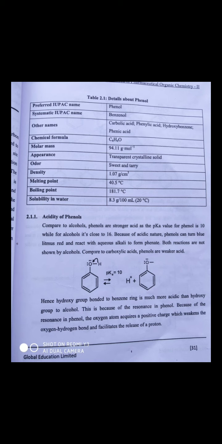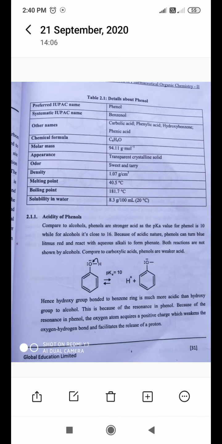Okay, now we will discuss the general properties of phenol. What is the preferred IUPAC name for phenol? We say phenol, but the systematic IUPAC name is benzenol.